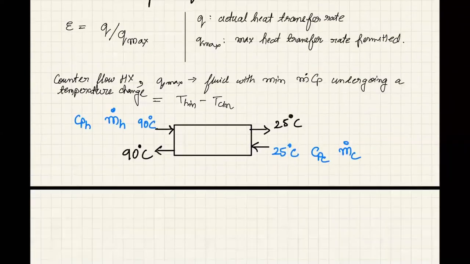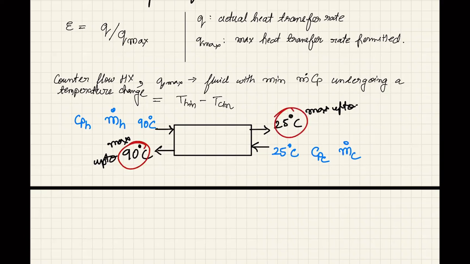This is just the maximum limit, and these are not the actual values. So this can go maximum up to this, and this can also go maximum up to this. If you go above this or below this, then the direction of the transfer will be reversed.